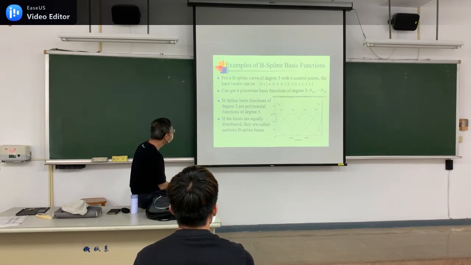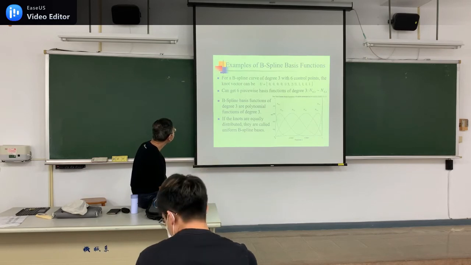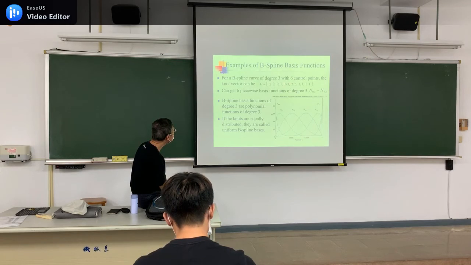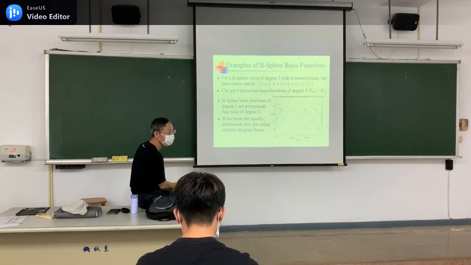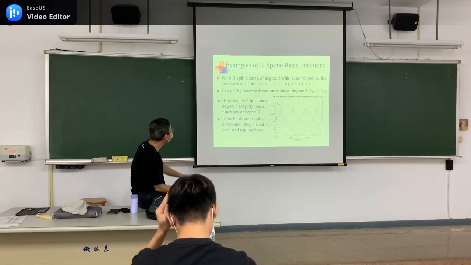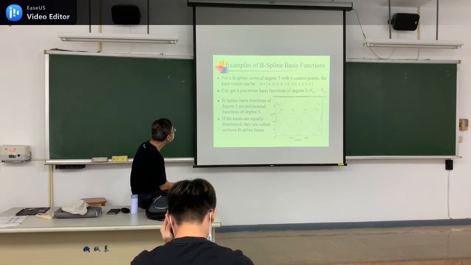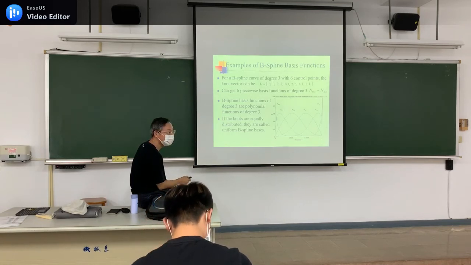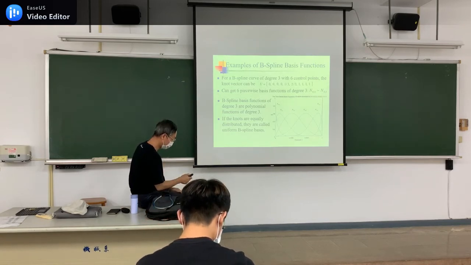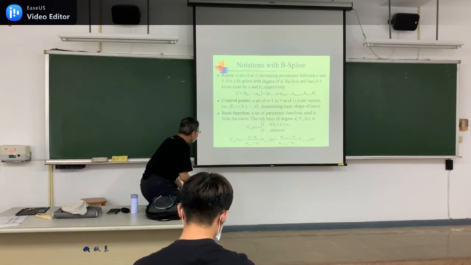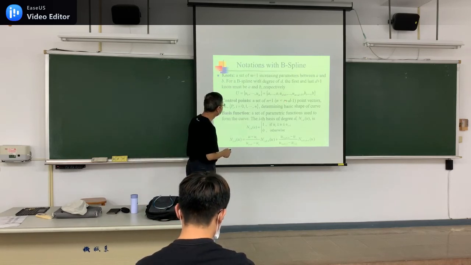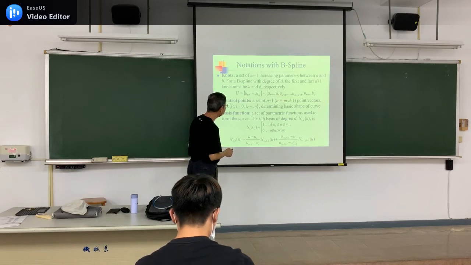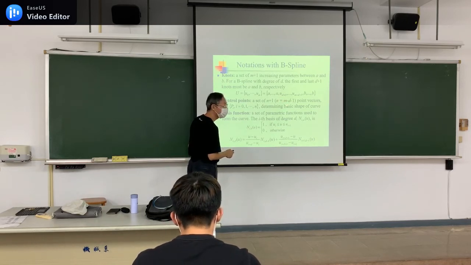Here, suppose we have 6 control points. 6 control points means n equal to 5. And degree 3, so d is 3. n equal to 5, d is 3.